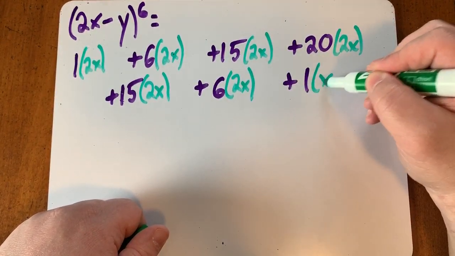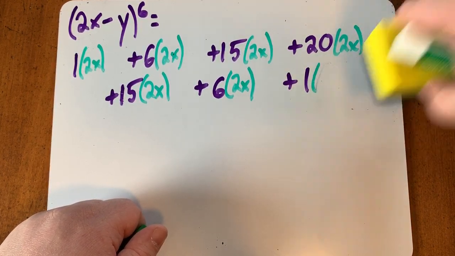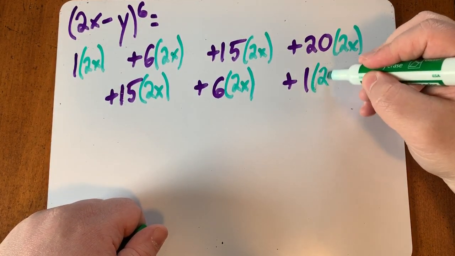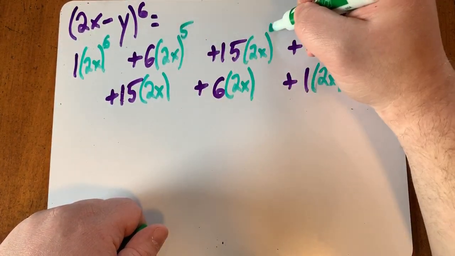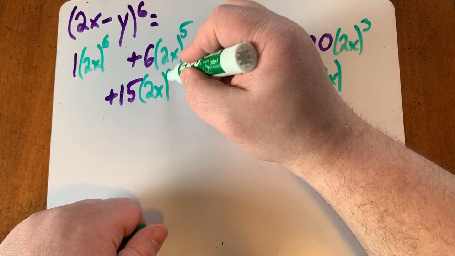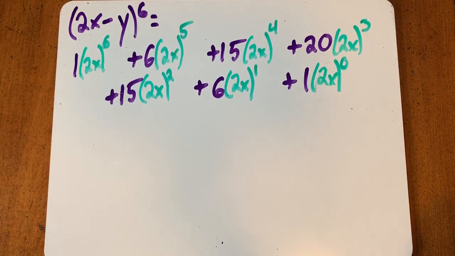And the powers on the 2x will start at the top and count down. So 6, 5, 4, 3, 2, 1, 0. And then we'll also have the negative y.